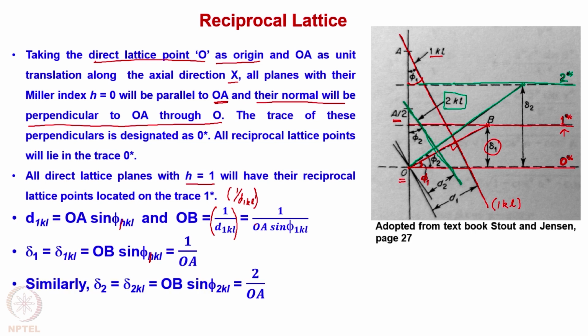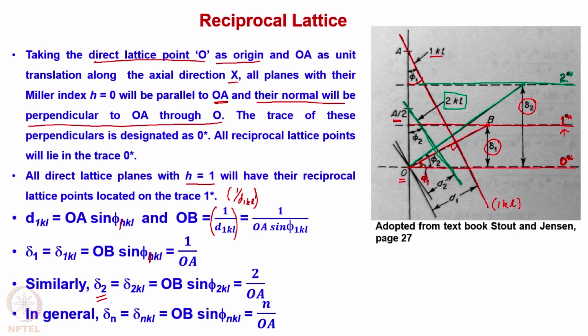In the same manner, one can show that delta 2, which is this, is equal to delta 2KL, which is equal to OB sine phi 2KL, which is equal to 2 by OA.